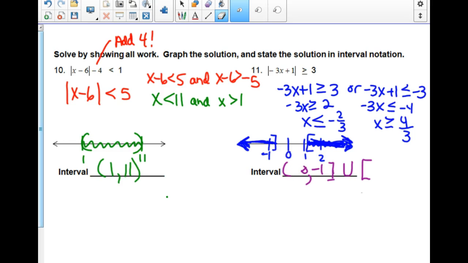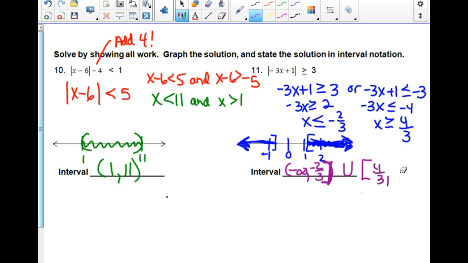The negative infinity was correct, excuse me. It should be negative 2/3. Glad I'm fixing that right away here. Oh, what did I do? Oh, well, I'll just write it over again. Hard bracket. Okay, union with 4/3 to infinity.